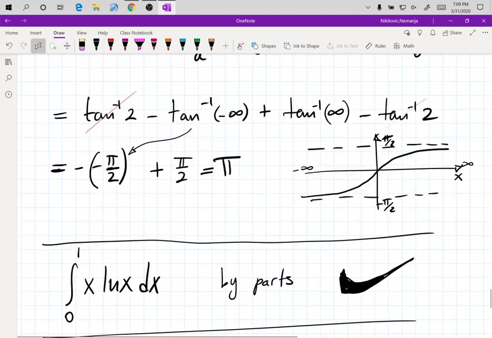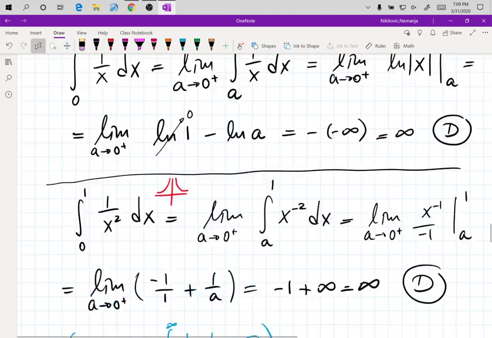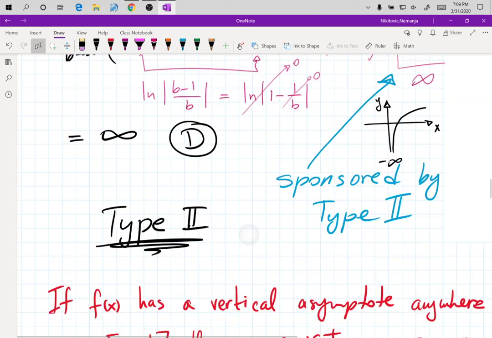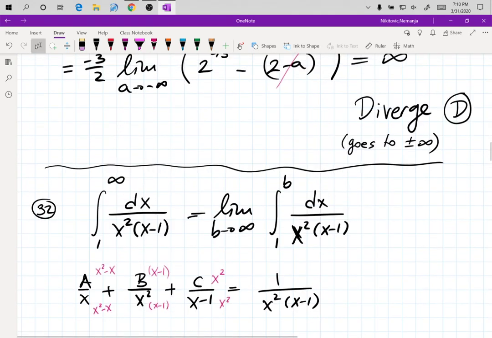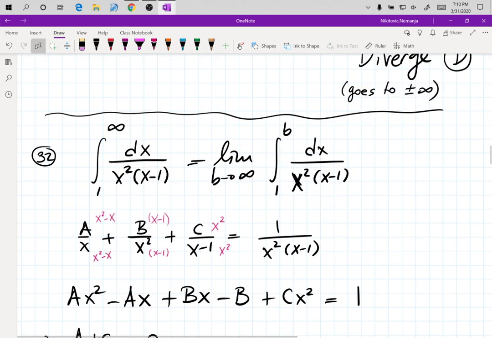Actually, the problem that I did earlier was one of those when I said sponsored by this one. Look at that. When you plug in 1 in here, you get the 0, so there is a vertical asymptote at 1. See that? So I didn't do this problem well.